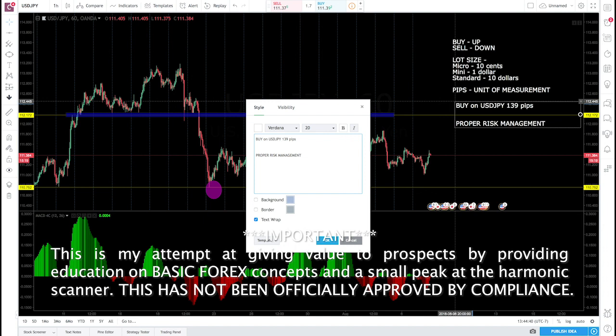So we stress here at iMarkets Live proper risk management. Whenever we're taking a trade, when we're trying to be conservative, we'll try to stay around 1% risk per trade. So if I had a $1,000 account, I would only risk $10 on my trade.